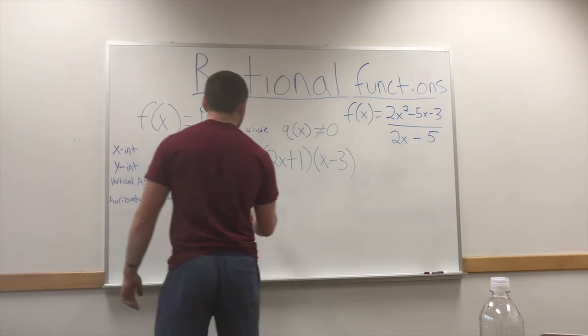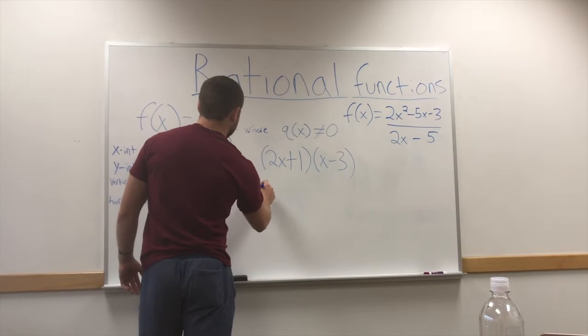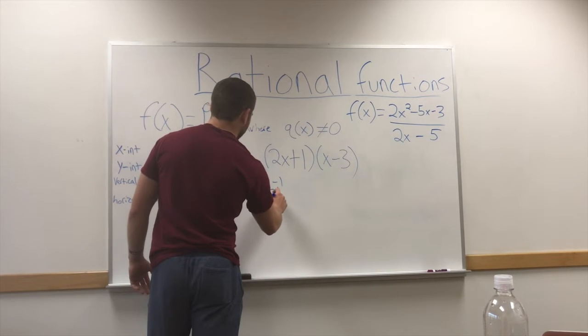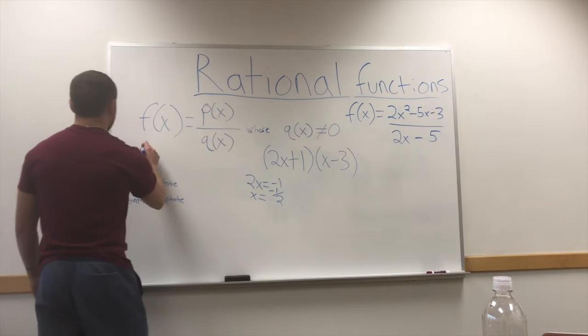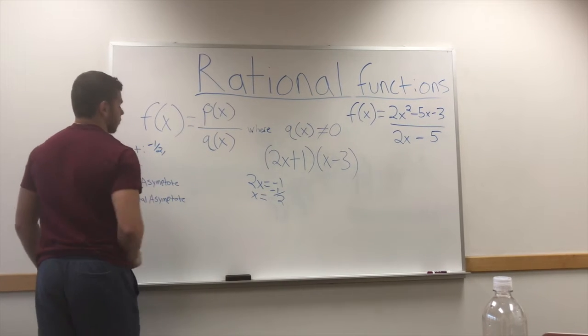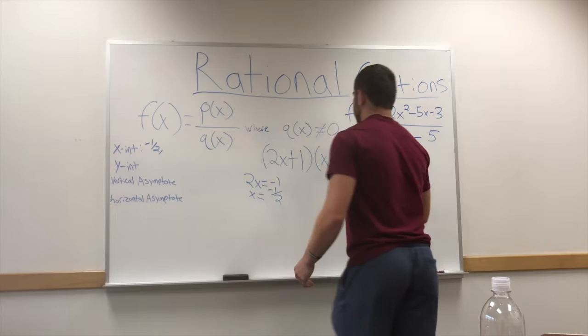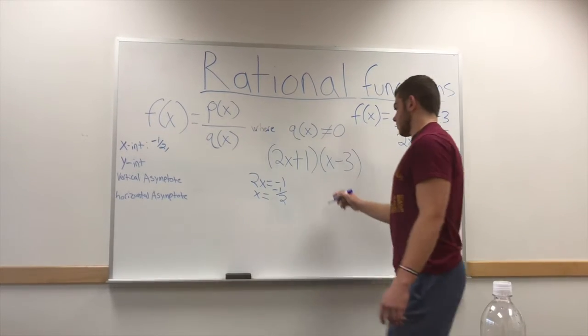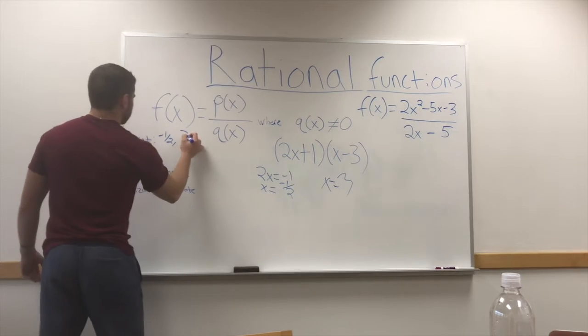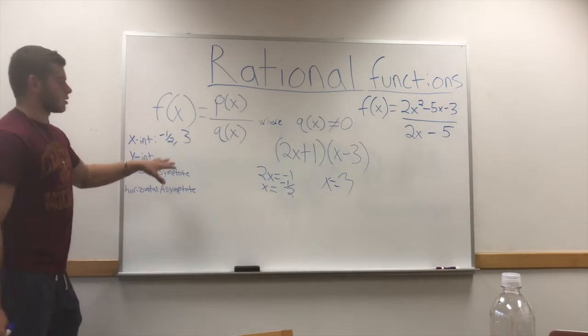So 2x equal to negative 1, x equals negative 1/2. So we're going to go ahead and put negative 1/2 as one of the x-intercepts. And then x equals 3 as our other. So that's how we have the two x-intercepts.